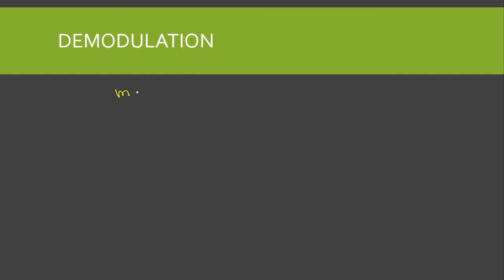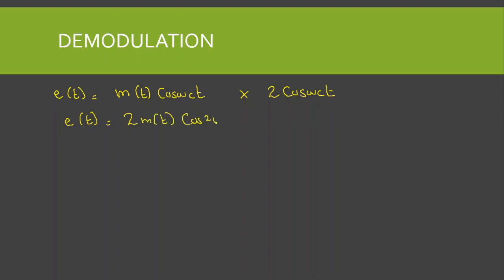So we have a modulated signal, which is again m of t cosine omega ct. The first step is to multiply this with the carrier, which in this case I am going to take as 2 cosine omega ct. Let me name it as the function e of t. So e of t is equal to 2 m of t cosine square omega ct.